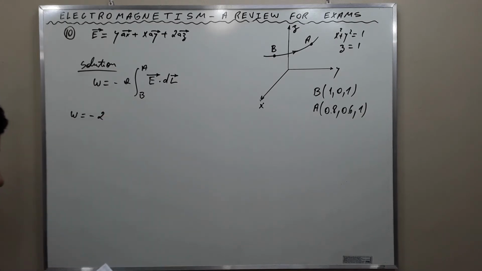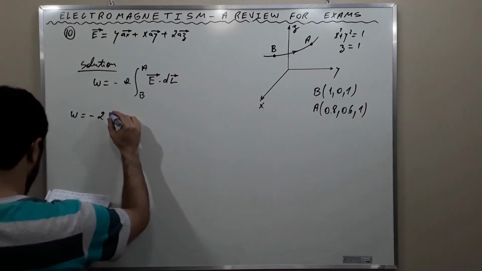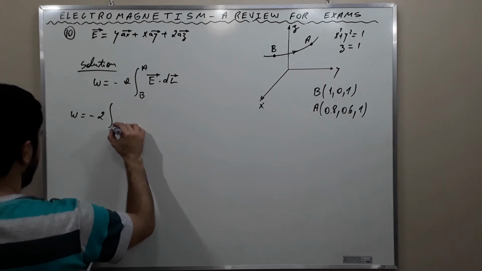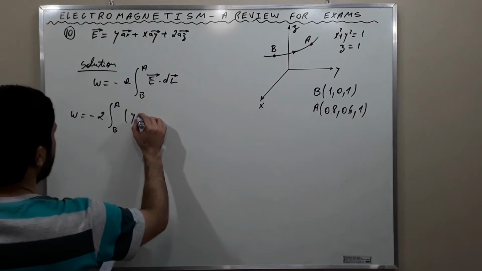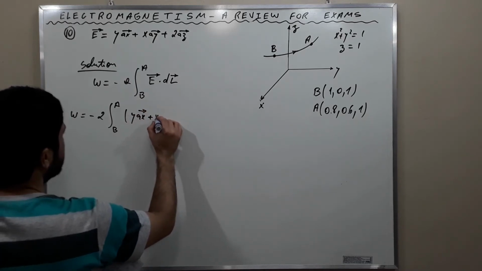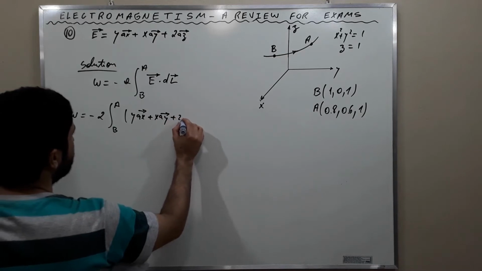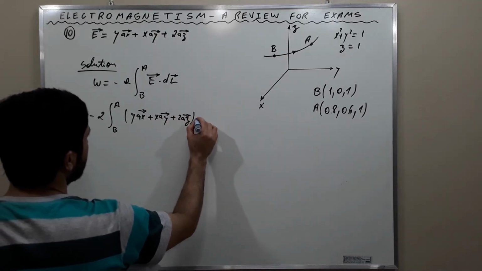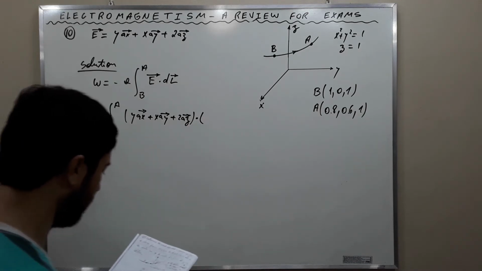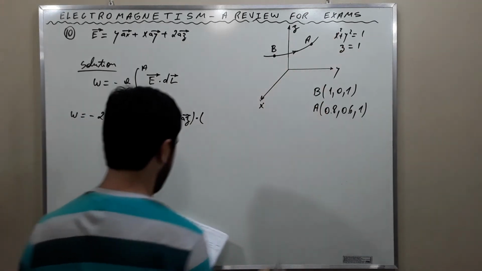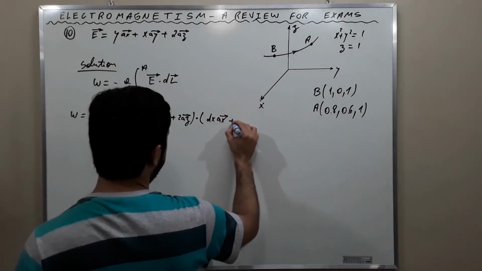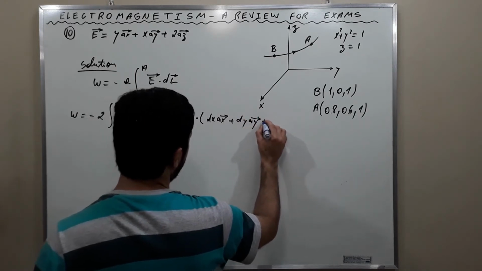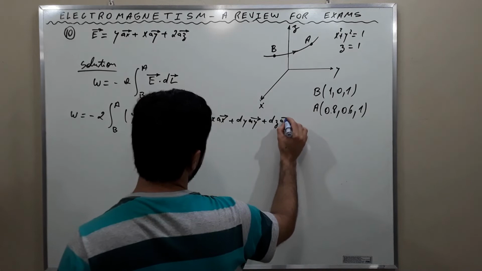We are carrying a charge of 2 coulombs from B to A, and the field is y ax plus x ay plus 2 az in a dot product with this curve here, dx ax plus dy ay plus dz az.